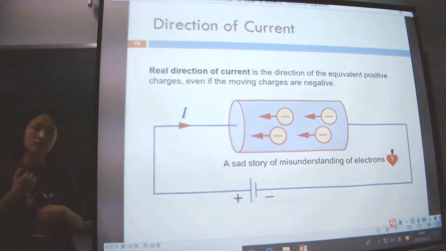Now we know it's a mistake. Why are we not trying to correct it? For this battery, the electrons move from low potential to high potential, and the current moves from high potential to low potential. Current and electrons move in opposite directions.